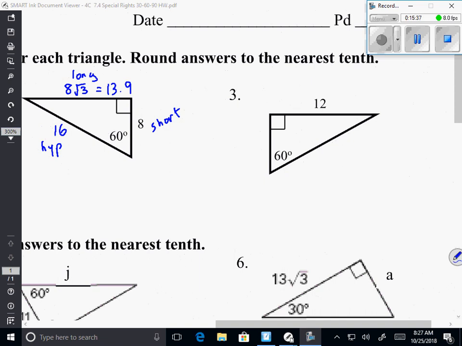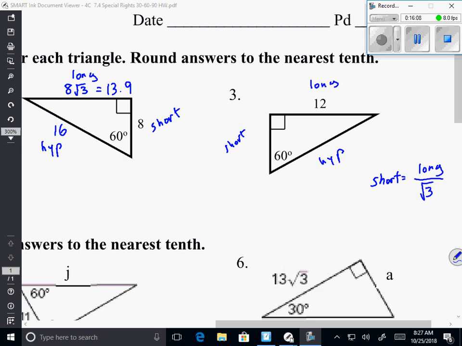What about this one? We know the long leg. We don't know the short leg. And we don't know the hypotenuse. So how do we find the short leg when we know the long leg? That should be one of your formulas on your paper.